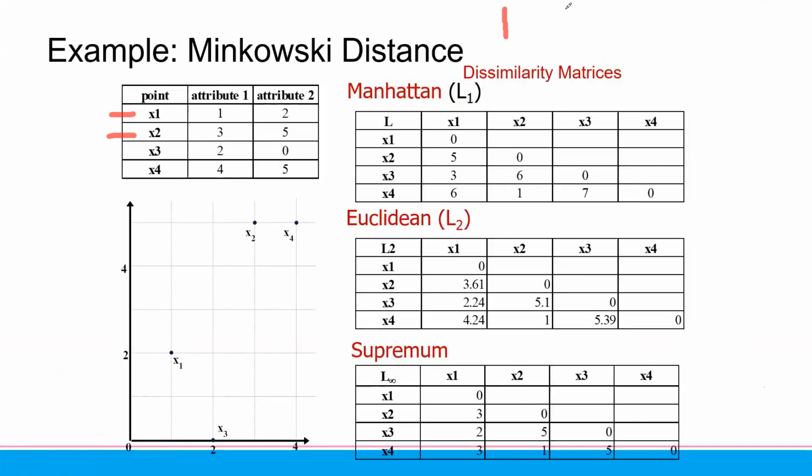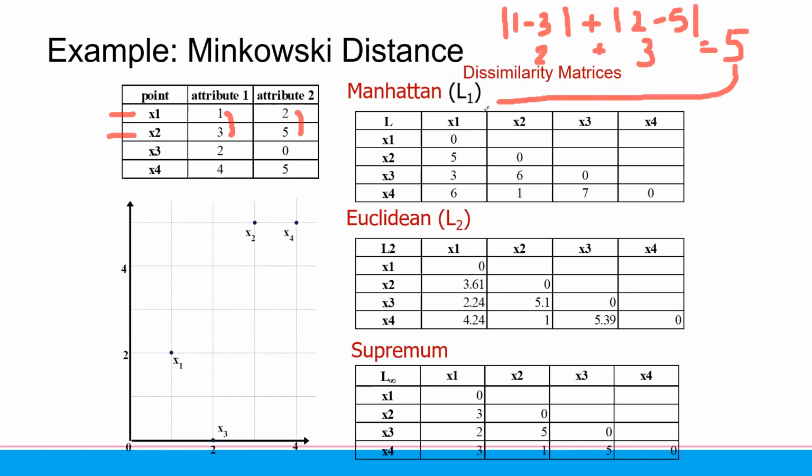We will do the absolute of 1 minus 3 plus the absolute 2 minus 5. Then 1 minus 3 is minus 2, because we have absolute, so this is positive 2, plus 2 minus 5, it is minus 3, because we have the absolute, then it is positive 3. Then the result will be 5. The distance 5 will be applied to this cell.